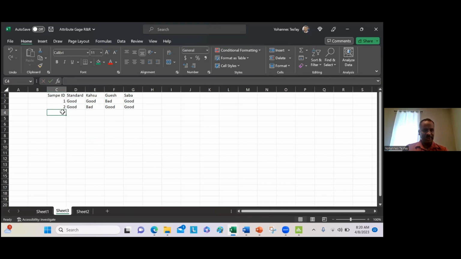Like that. Sample three. Let's say sample three is bad. Kasu says it's bad, and we say it's bad, and Saba says it's bad. Just like that. Sample four. Okay, good.